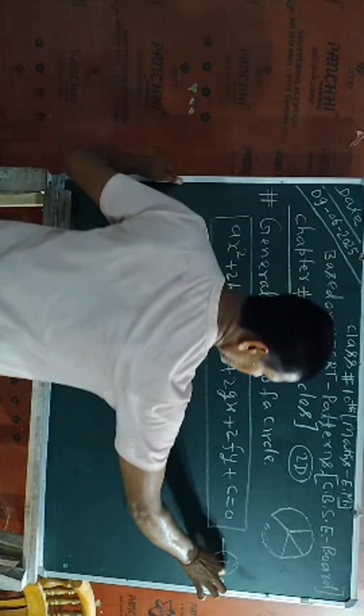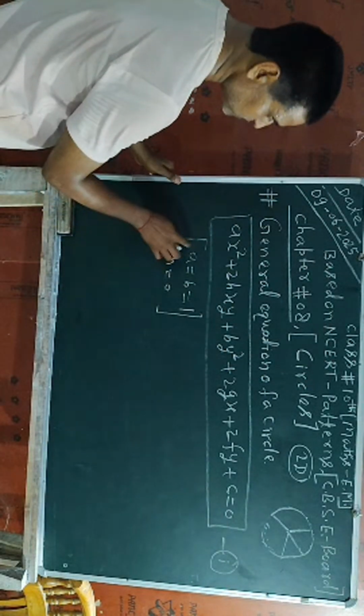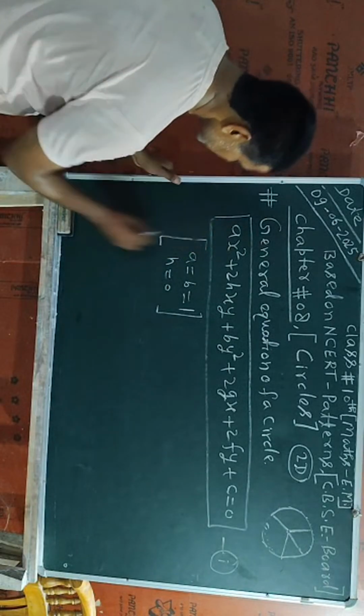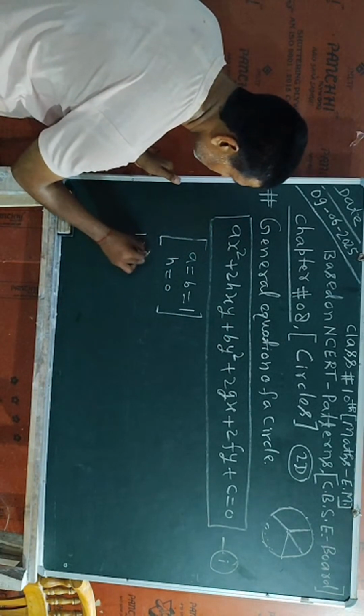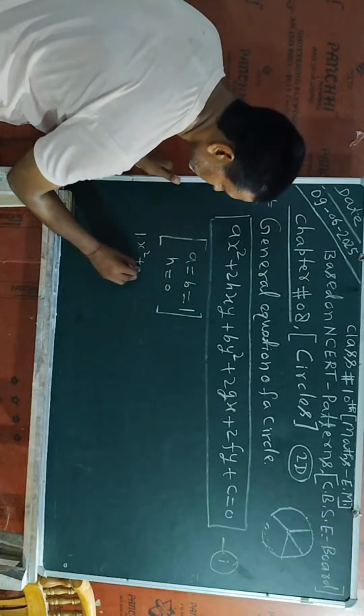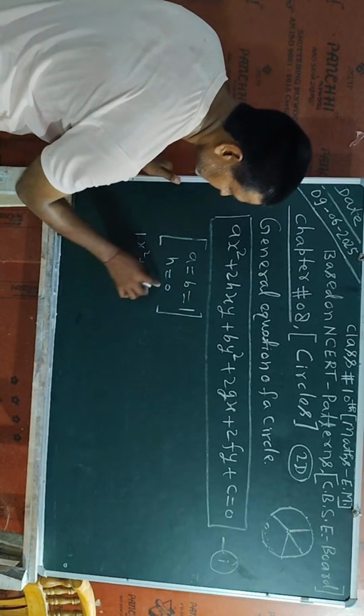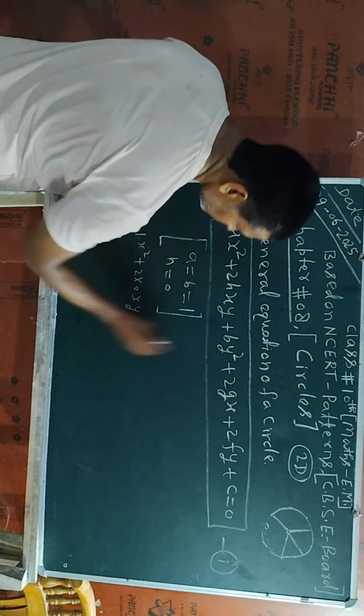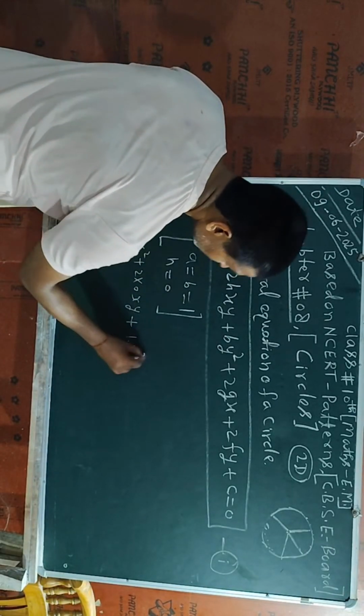So here I will get 1 x square, and this term will be 0 because 2 into 0 is equal to 0 into xy, plus the value of b is 1 into y square.